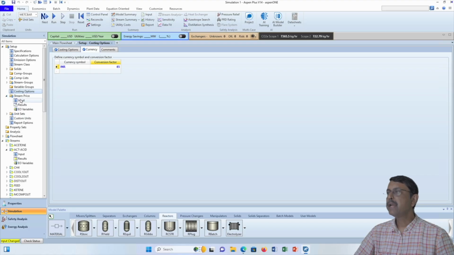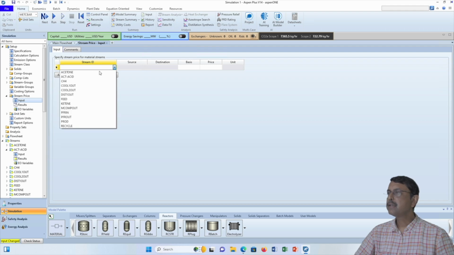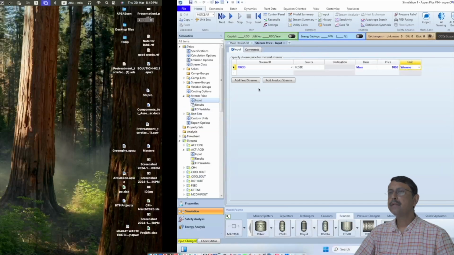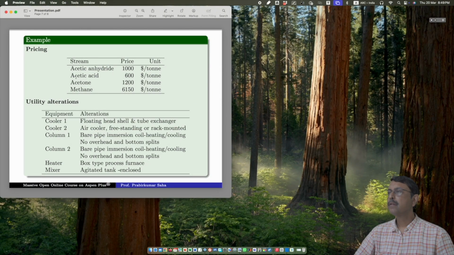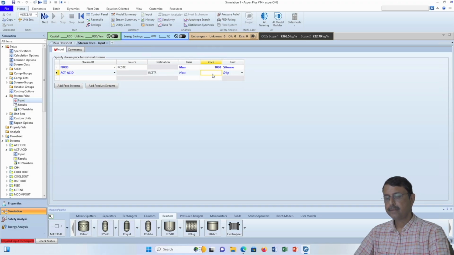Then we have to provide the stream price. So these are the streams. Acetic anhydride. So you write acetic anhydride. That is the product. Okay. It is $1,000 per ton, right? Acetic acid is 600.